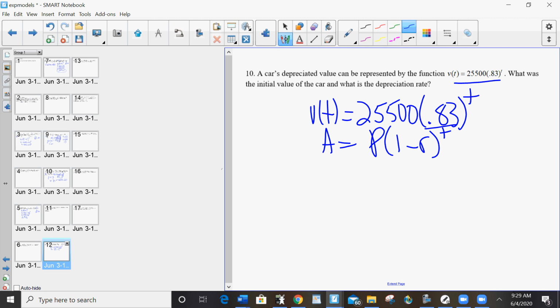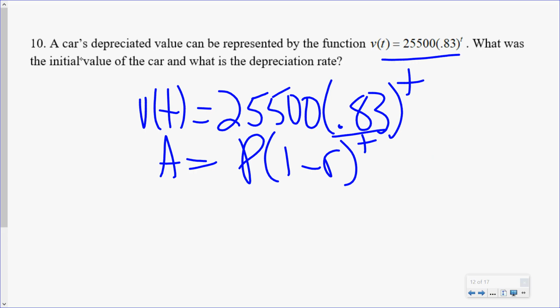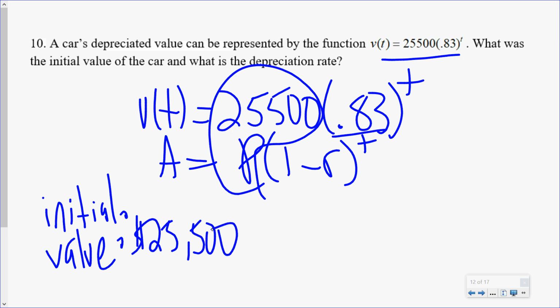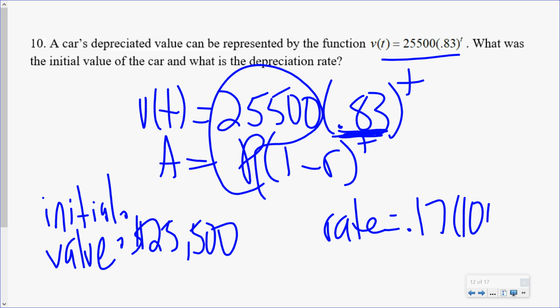So my principal or initial value is always what's in front of the parentheses, which is 25,500. My rate, well, what am I subtracting from 1 to get 0.83? 0.17. If I want that as a percent, I multiply it by 100, and I get 17%.